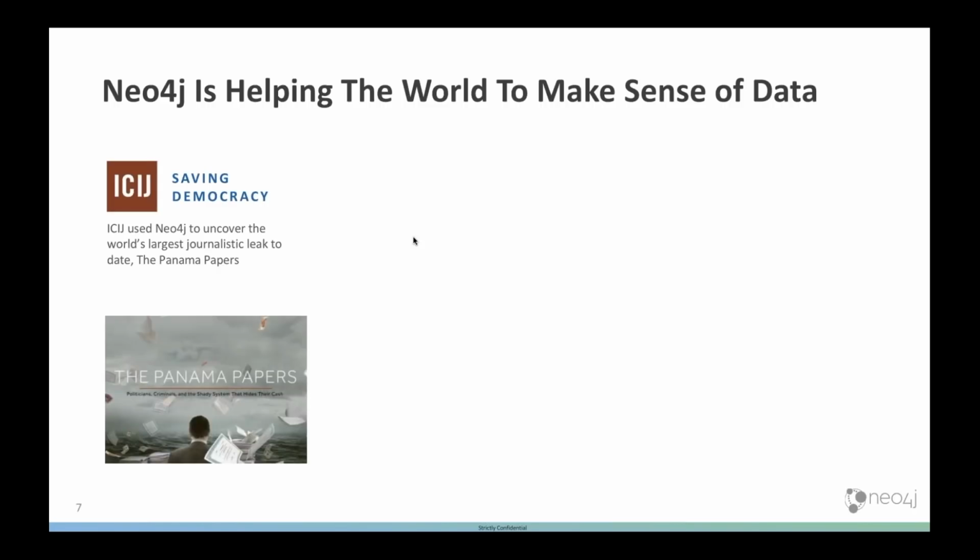There's the data journalism, or what we call graphs for good. What people are doing. So if we're looking at Panama Papers, for example, you may remember being a major public news story.